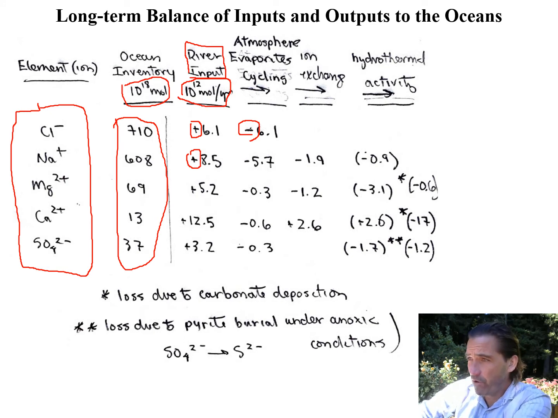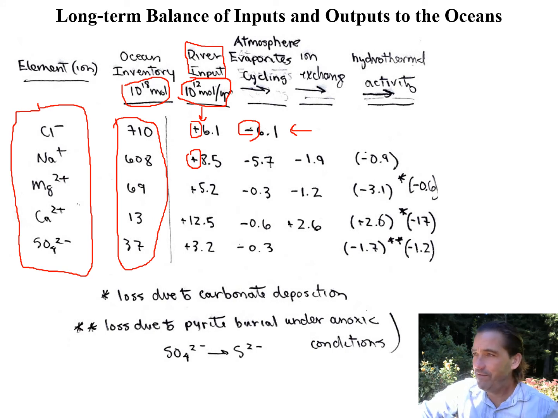And so in terms of chloride, if we look at just chloride, it enters the ocean through river input, but the only way in which it can get out of the ocean is through the atmosphere, through sea salt and sea spray going back onto the continent. But what we do see is that we have a balanced, steady state for this cycle.